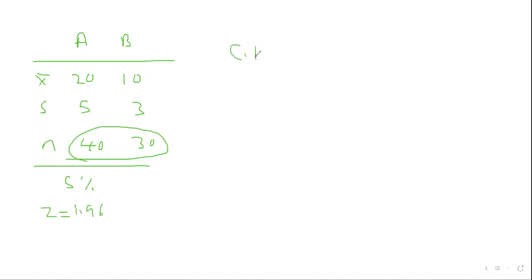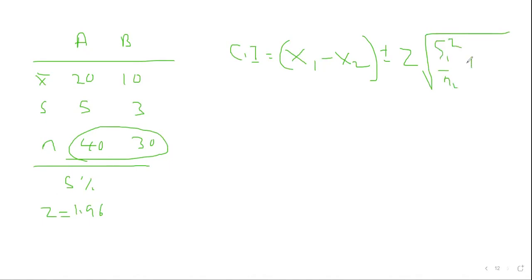But what is the formula for 2 samples? For 2 samples, simply mean 1 minus mean 2, plus or minus z, times the square root of S1 squared over N1 plus S2 squared over N2. All right, so our mean 1 is 20 and here we have a 10. Then plus or minus 1.96 from our z.